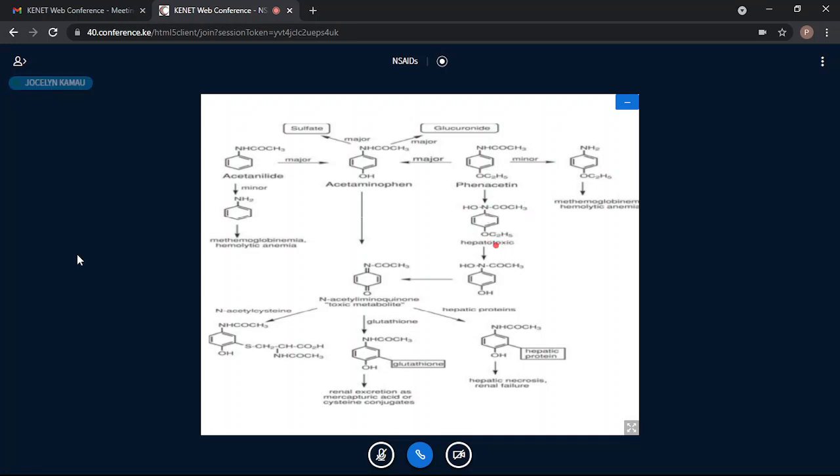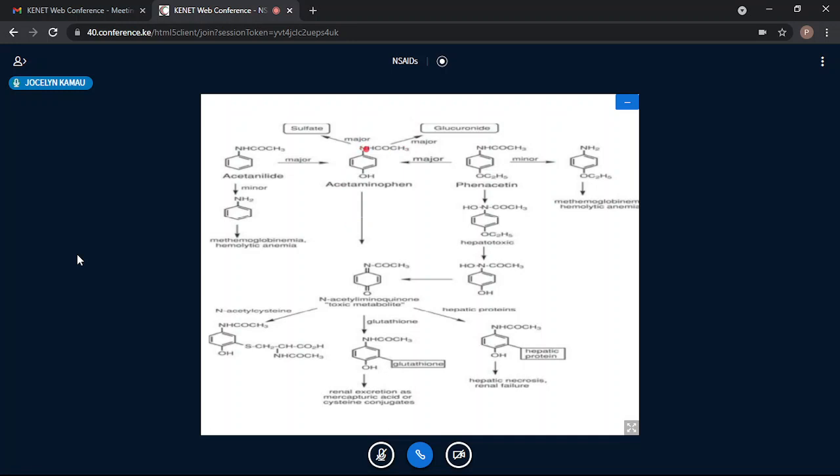It can also undergo hydrolysis to give us this compound, which is still hepatotoxic. So phenacetin can also give us the N-acetyl iminoquinone. The acetaminophen or paracetamol, that is its structure.